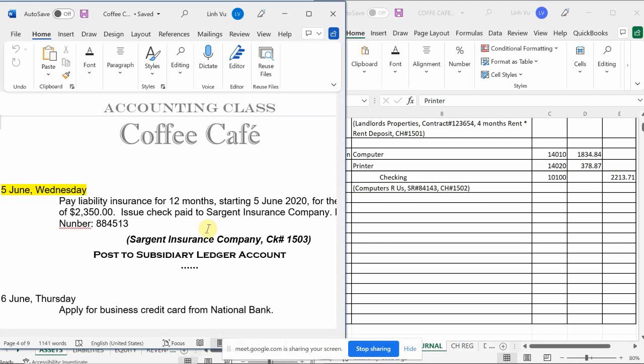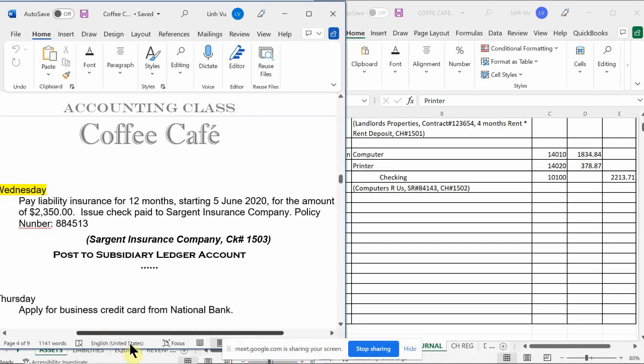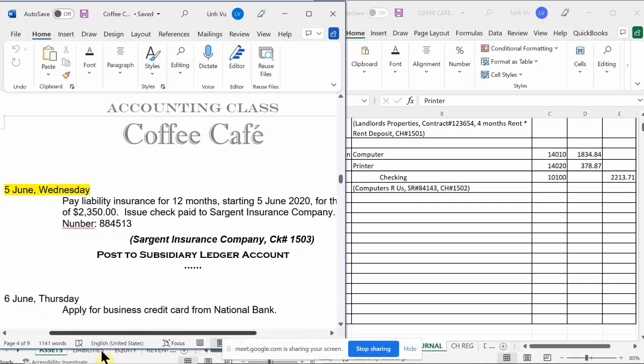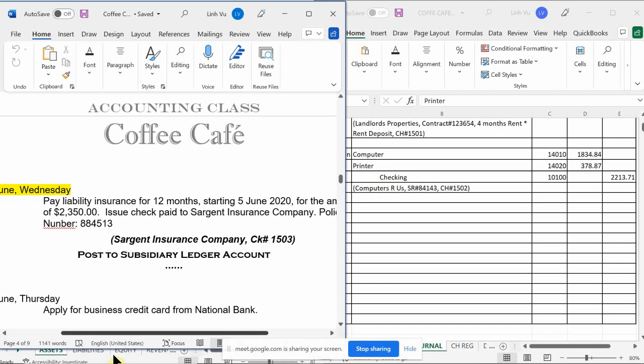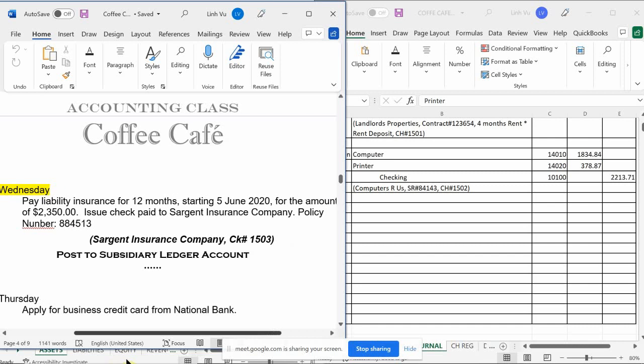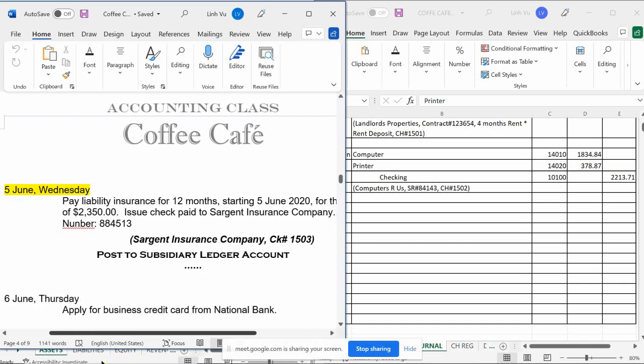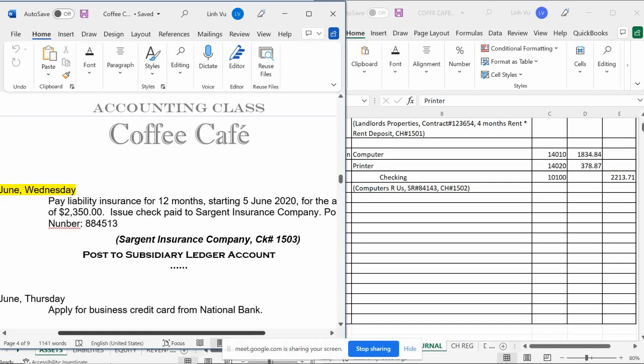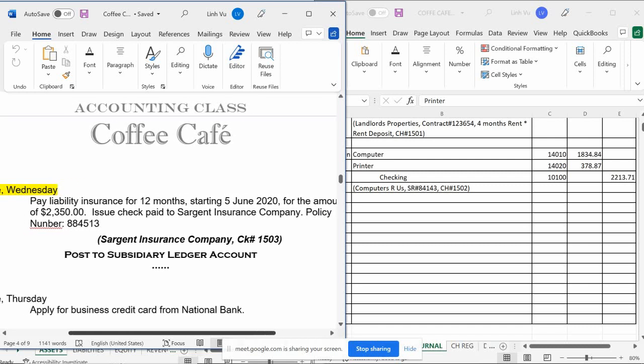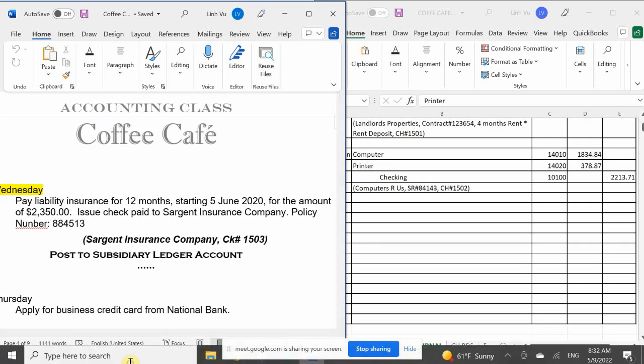We decided to pay some liability insurance for 12 months, starting June 5th of 2020, and it's for the amount of $2,350 issued a check paid to Sargent Insurance Company, and we have the policy number 884513.